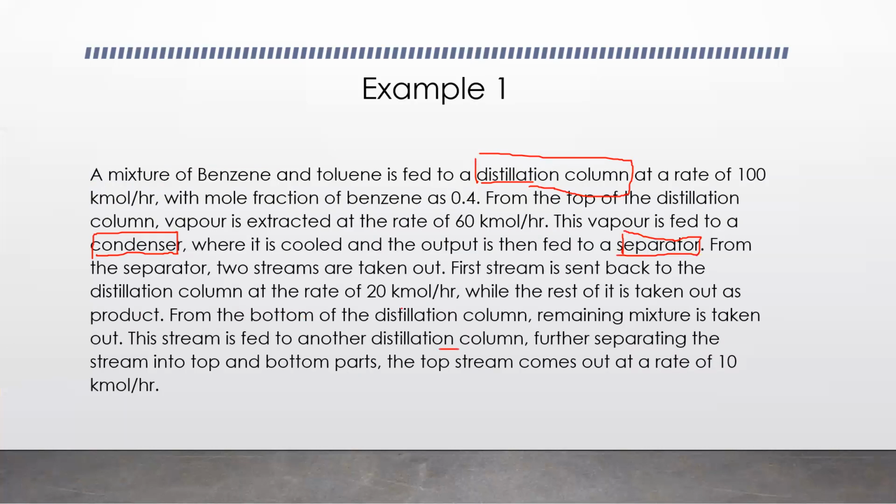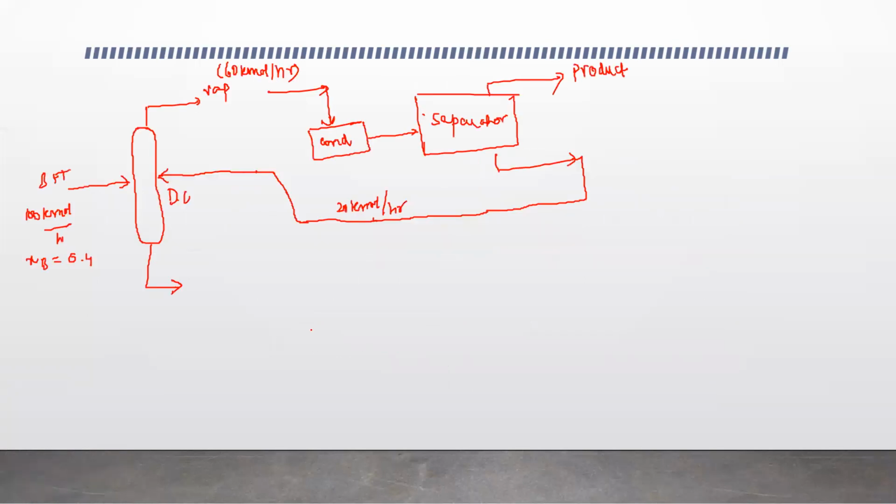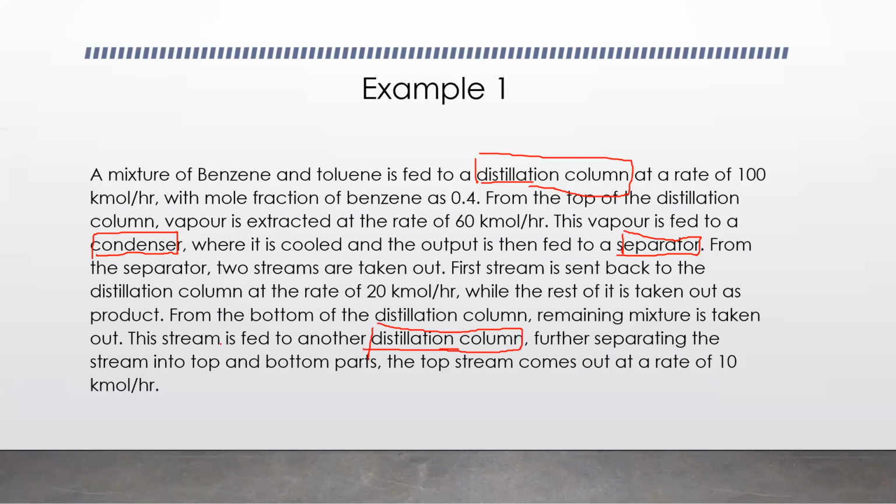So from the bottom of the distillation column, remaining mixture is taken out. The stream is fed to another distillation column. This is my second unit. So I'm going to take another distillation column, and this is going to be my distillation column number 2.